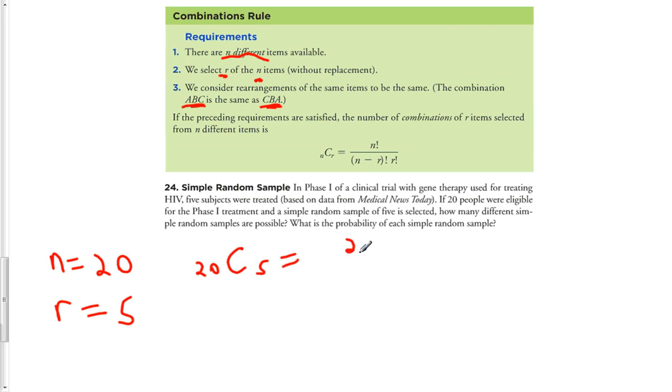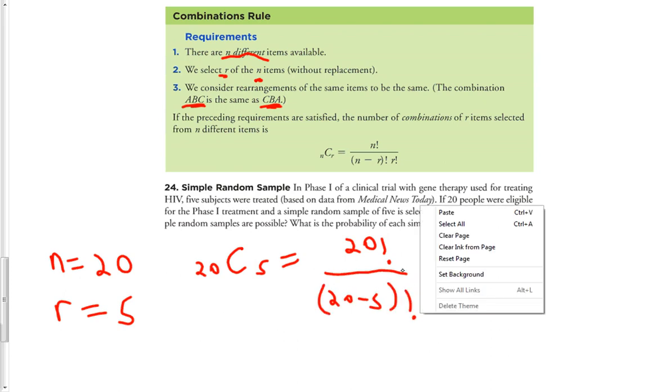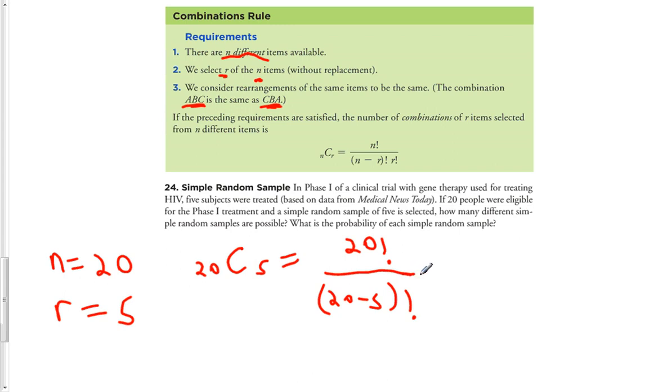So this is going to equal 20 factorial over 20 minus 5 factorial, and this is also going to be times 5 factorial, because you see here, we have this extra factor in the denominator of r factorial.